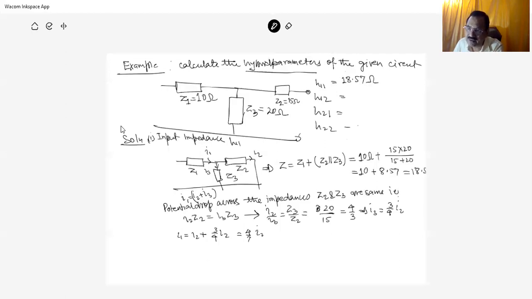So the second point is H21, that is I2 upon I1 is 7 by 4. So this one is the value of 7 by 4, that is nothing but 1.4.